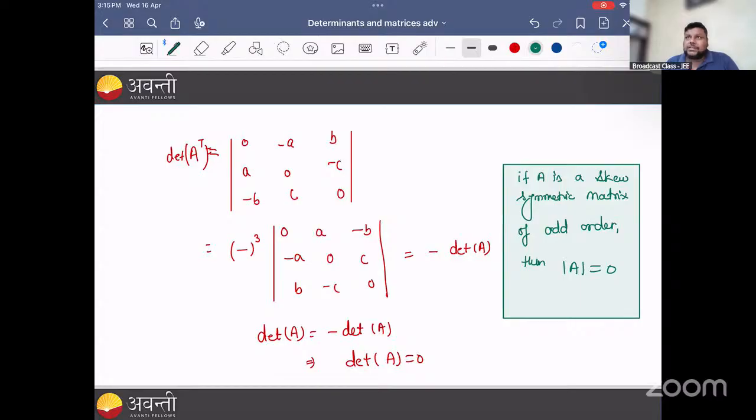If A is a skew symmetric matrix of odd order, its determinant value will be 0. Write down, very important property. If A is a skew symmetric matrix of odd order, its determinant value will be 0. Understood?